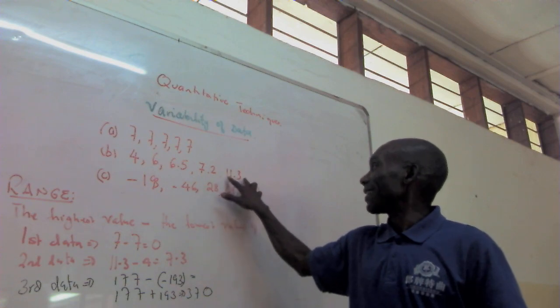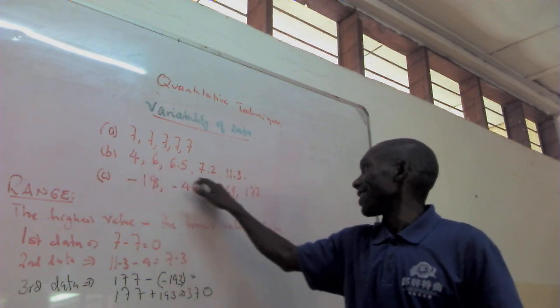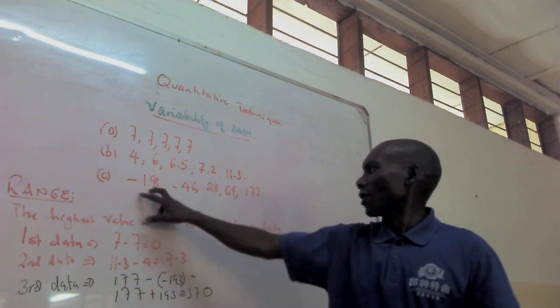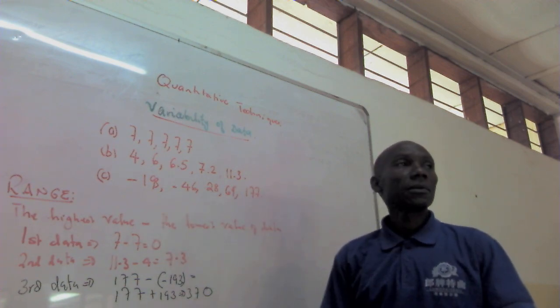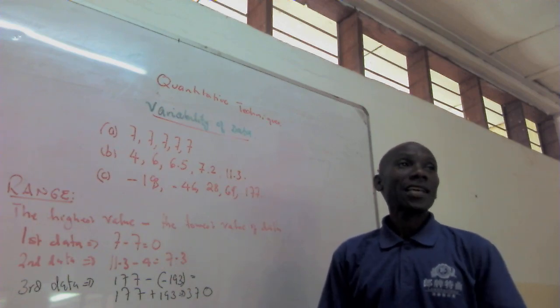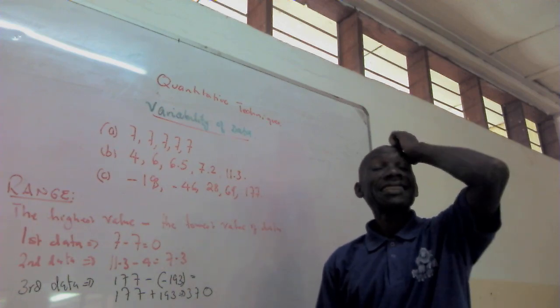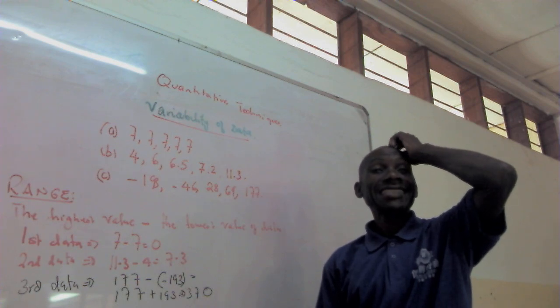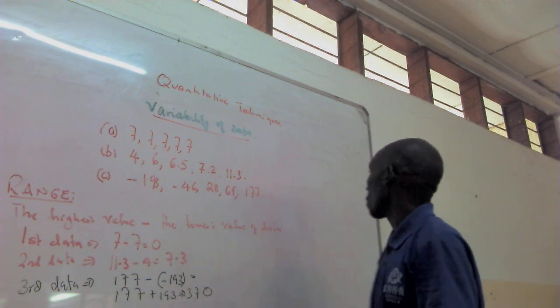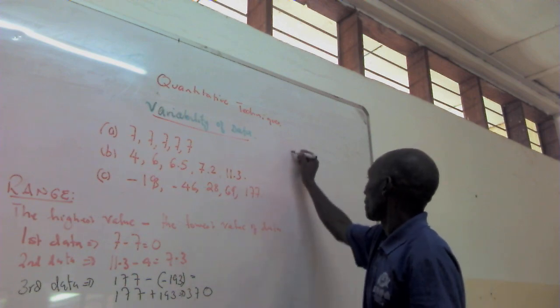You are only taking the highest value and the smallest, but what about the other values that are there? That's what I'm saying, it is giving us nothing. So why can't we go for standard deviation? It's better we go for standard deviation. Now, let's look at standard deviation.